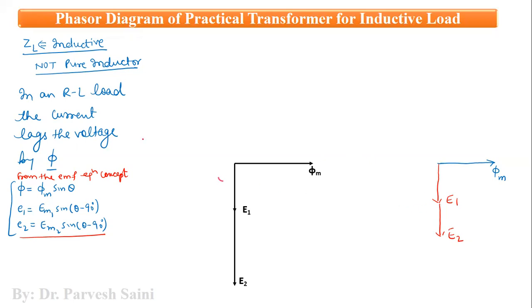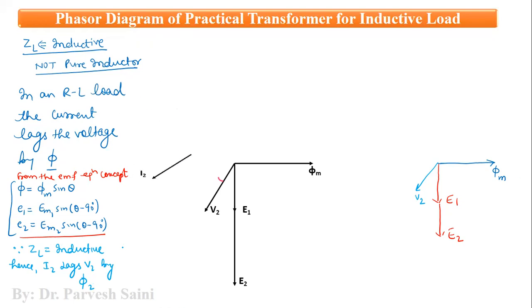Now, the next thing that we will draw is the voltage V2, right? Voltage V2 is the terminal voltage of the transformer. So voltage V2 is this one. Now, because our load is inductive in nature, the current that flows in the secondary winding, I2, lags V2 by phi 2, where phi 2 is the secondary phase difference angle, right?